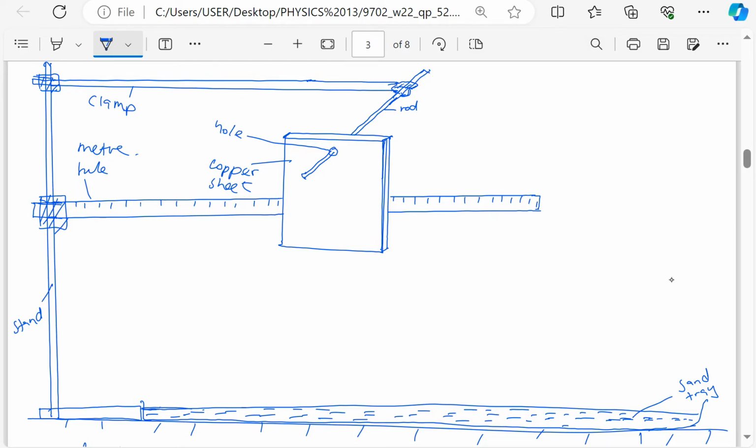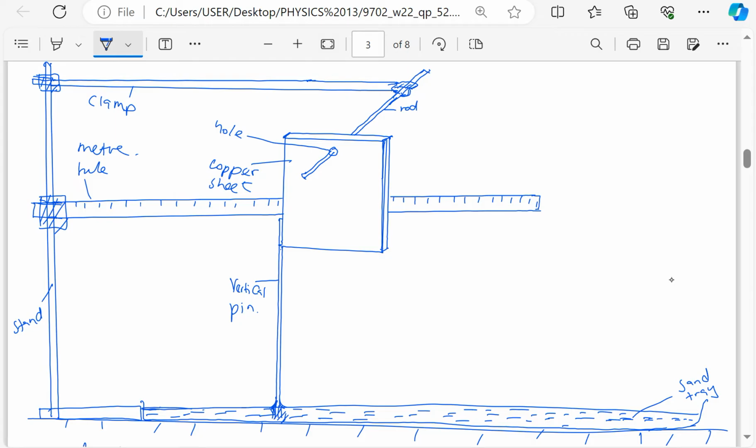Because I want displacement to always be from the same position, I may put a mark which is aligned with... so instead of a mark, I'll put a pin, aligned with one end of the copper sheet. This is going to be a vertical pin.